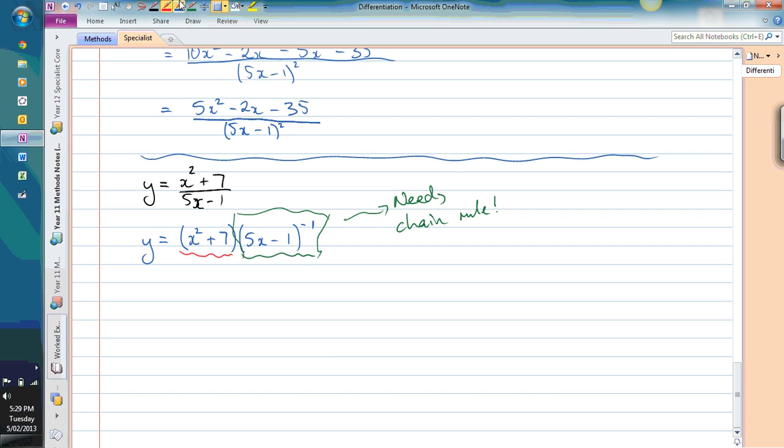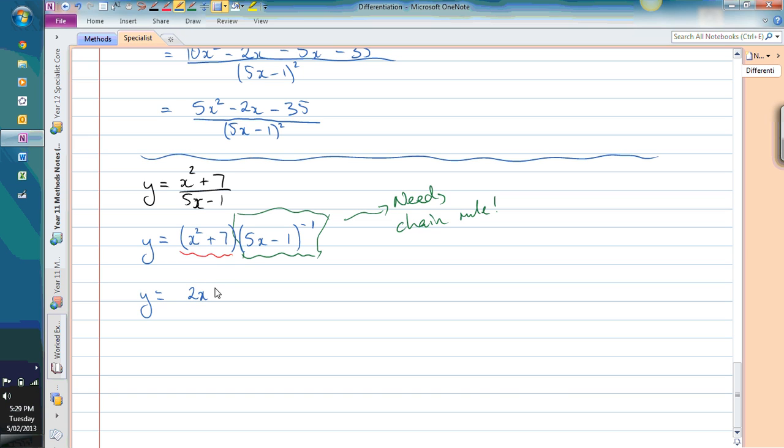So to differentiate this without using the quotient rule, I'm going to take the first one and differentiate it. So I'm going to get 2x plus 7, sorry, not the plus 7. Of course, it's just 2x, because the 7 disappears when we differentiate.